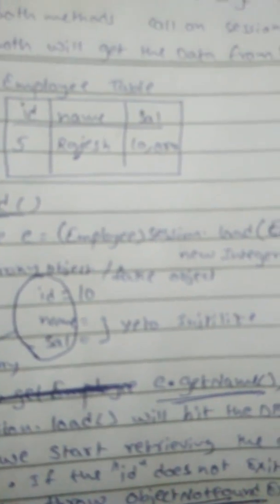When you do this, it won't call the DB. It will create a proxy object or a fake object consisting of the ID that you have given. That identifier it will fill, and the rest of the properties are yet to be initialized in memory.